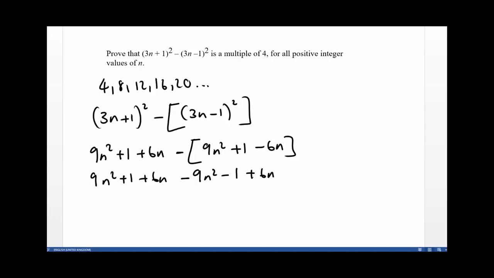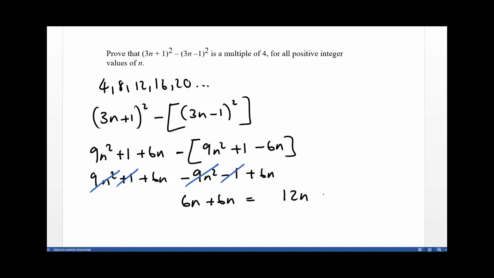Now we can obviously cancel off some of them. 9n squared can cancel. Positive 1 and negative 1 can cancel. And what we're left with is 6n plus 6n, which equals 12n. Now you might be wondering, 12n?